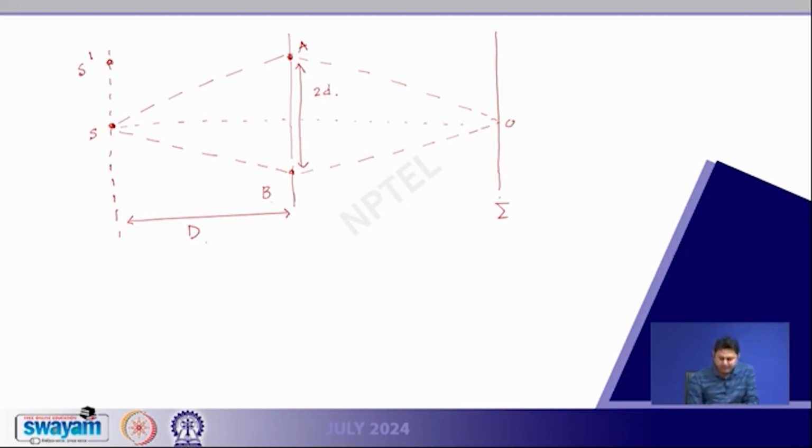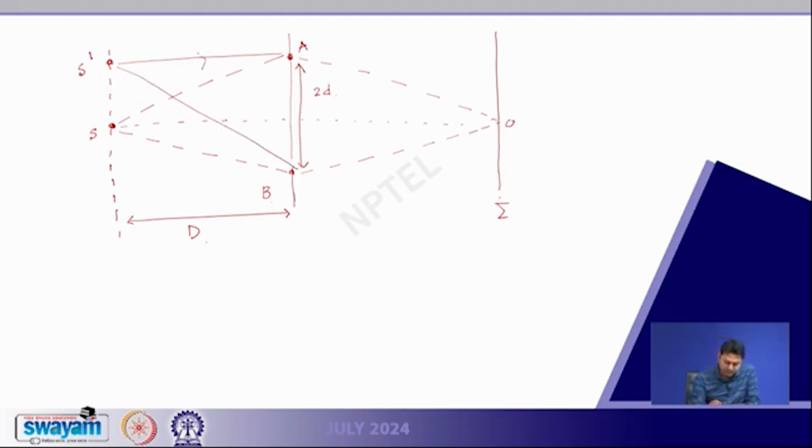Since this is the extended source, not only from S but from S prime also the light can emit, and if it does, then it goes like this. Let us draw this by this solid line.